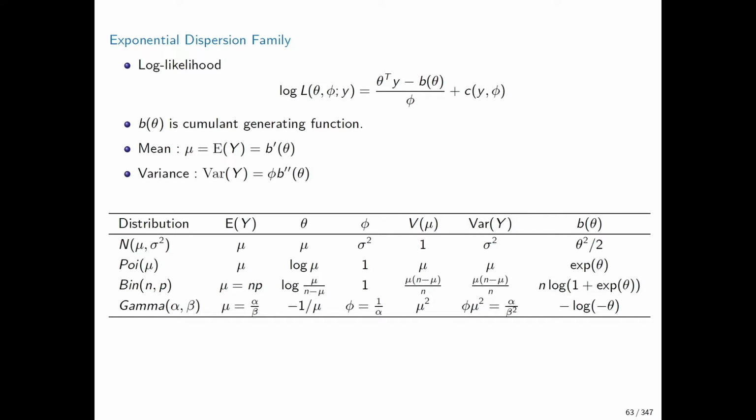The mean mu equals the expectation of Y, which is b prime of theta. The variance Var(Y) equals phi times b double prime of theta. In addition, the Gaussian, Poisson, binomial, and gamma distributions are given as follows.